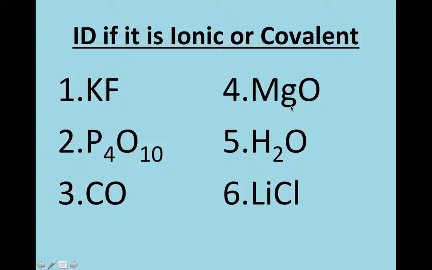All right, magnesium and oxygen, combined together, metal, nonmetal, so it's ionic. Hydrogen and oxygen, both of these are 2 nonmetals, therefore it's covalent. And number 6, lithium's a metal, chlorine is a nonmetal, it's ionic.